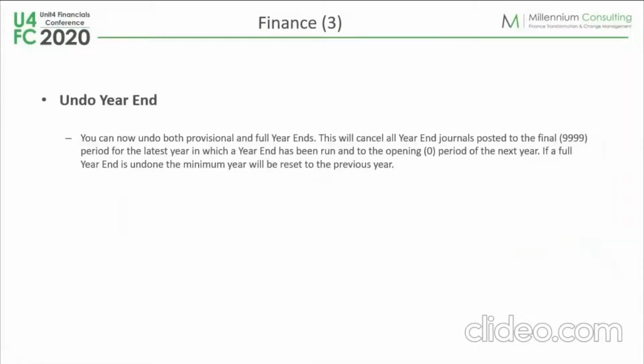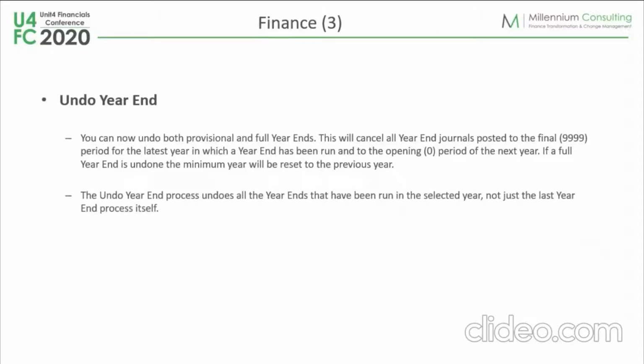You can now undo both provisional and full year ends. This will cancel all year end journals posted to the final 9999 period for the latest year in which a year end has been run, and to the opening period of the next year. If a full year end is undone, the minimum year will be reset to the previous year.